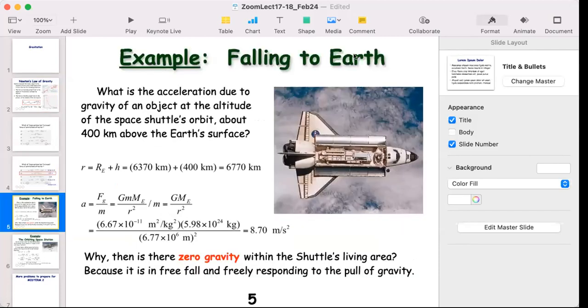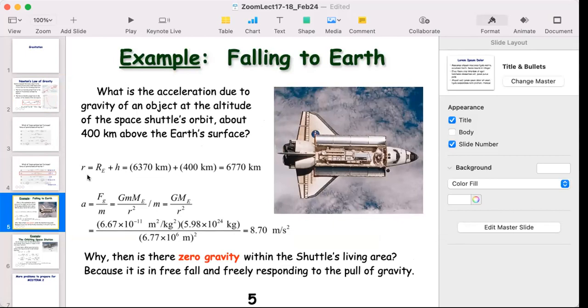Then let's see another example. What is the acceleration due to gravity of an object at the altitude of the space shuttle orbit, which means about 400 kilometers above the Earth's surface?